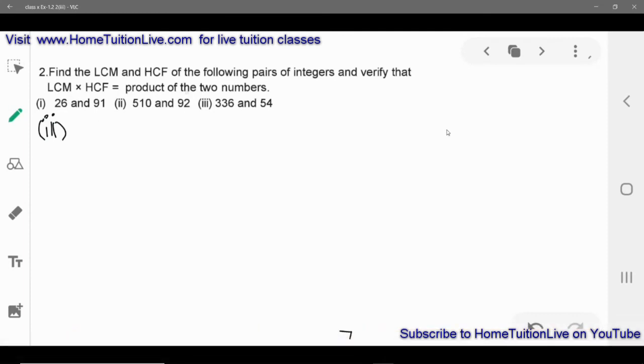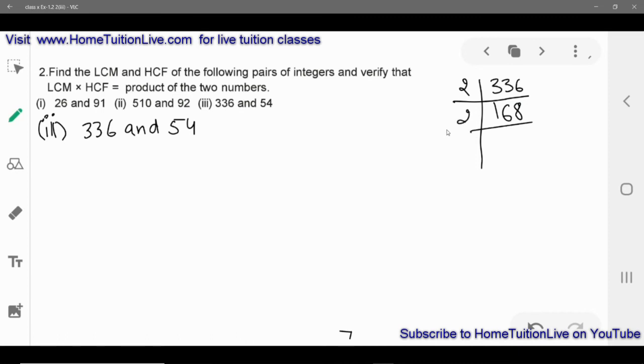Now we have the third part of question number 2. We have to find the HCF and LCM of 336 and 54. We will factorize 336. When we factorize this, 2 into 168, 2 into 84, 2 into 42, 2 into 21, 3 into 7.